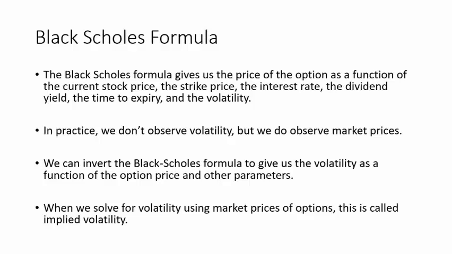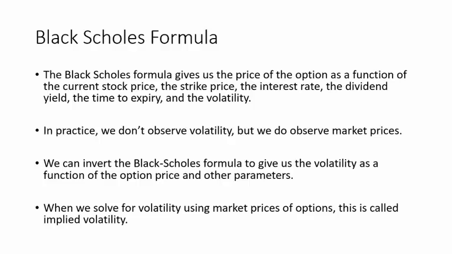I want us to now think about the Black-Scholes formula. So let's remember what the Black-Scholes formula does. We don't need to remember the actual formula or the math behind it, but just fundamentally, what are the inputs and what is the output? So the Black-Scholes formula gives us the price of an option.